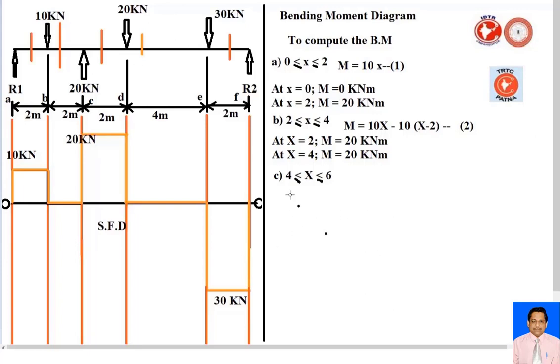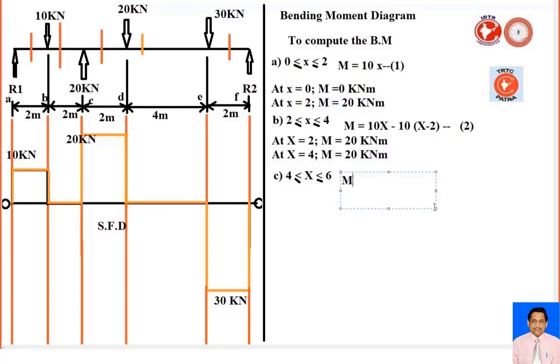So your moment equation is M equal to 10x minus 10(x minus 2), and then for the upward direction, plus. What is the load here?